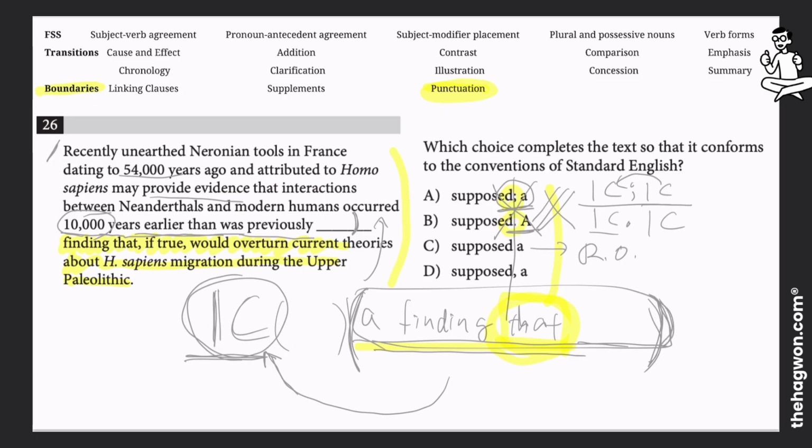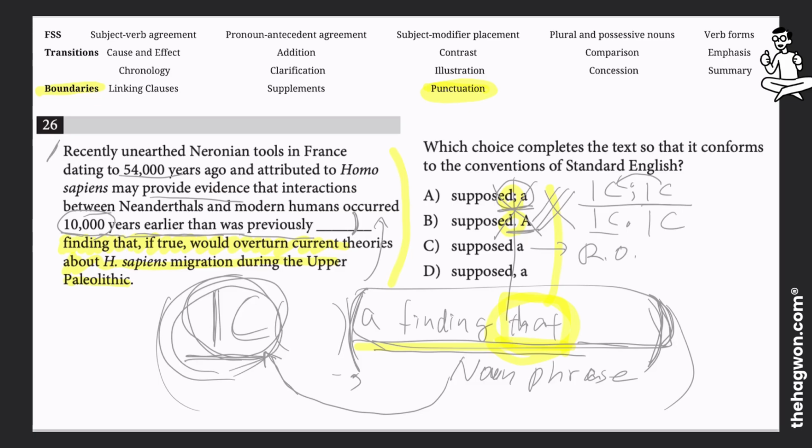in grammatical terms, this is a noun phrase. This is a noun phrase. Why does this noun phrase exist? Because this noun phrase exists to color this big idea and to clarify the significance of this finding.